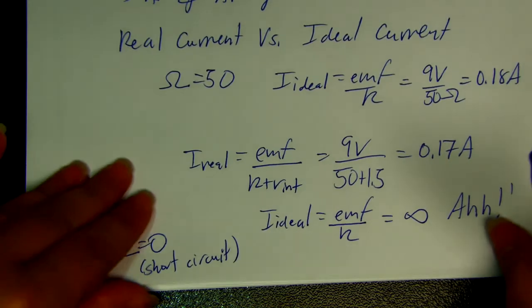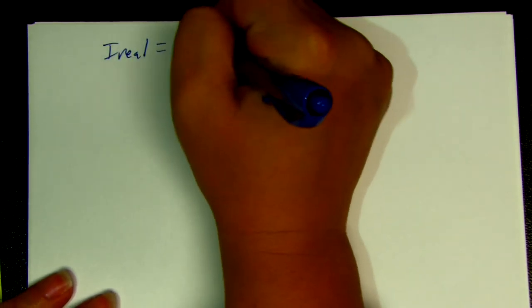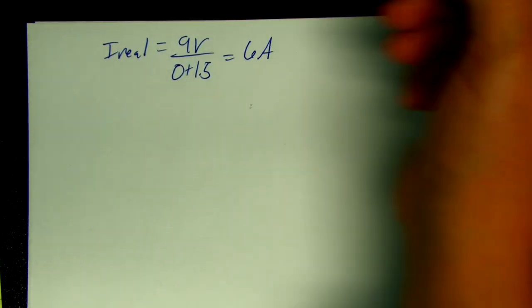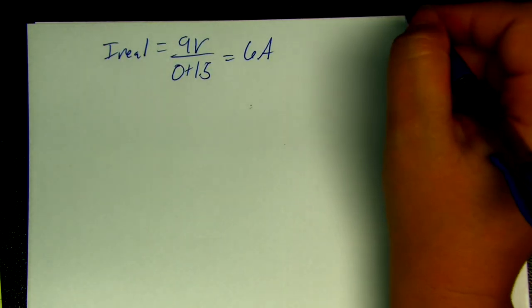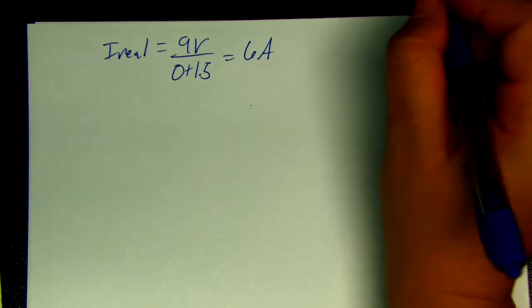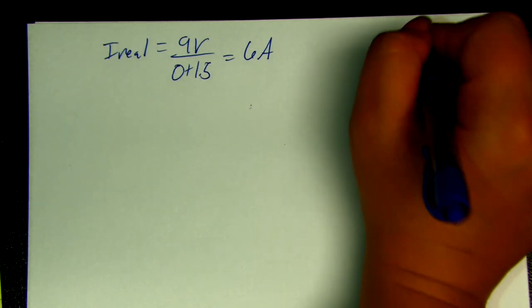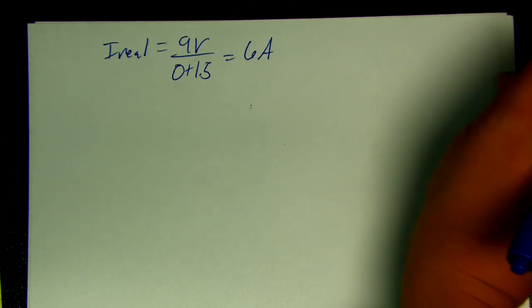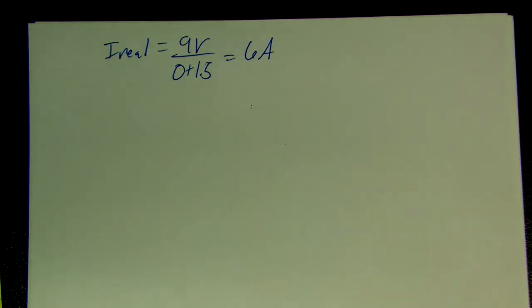If you've got some internal resistance on the battery, that's actually a good thing. Then you would have 9 volts over 0 plus 1.5, which is equal to 6 amps. And this is why you never just connect a wire across the two ends of a battery. You've got a short circuit, very little resistance. You'll run a ton of current and you will drain your battery. So let's not do that.